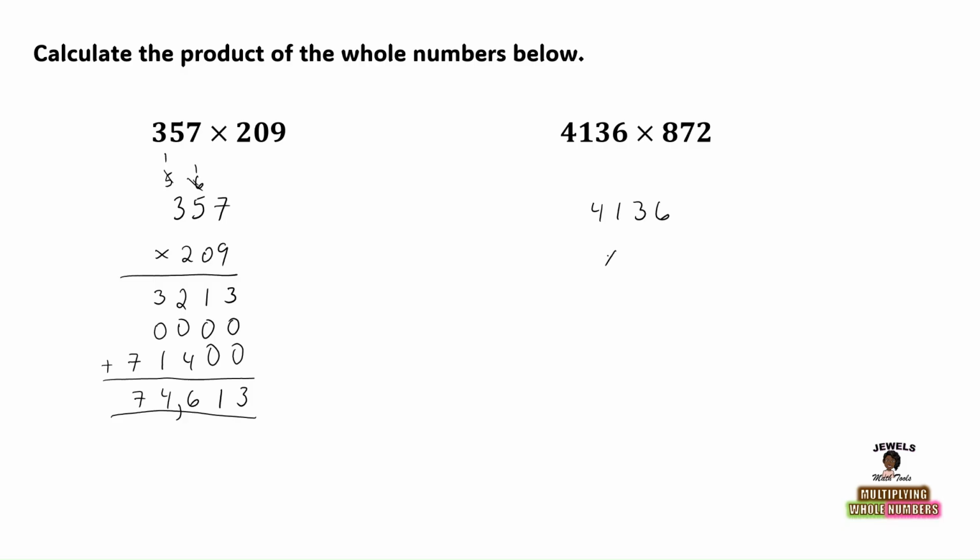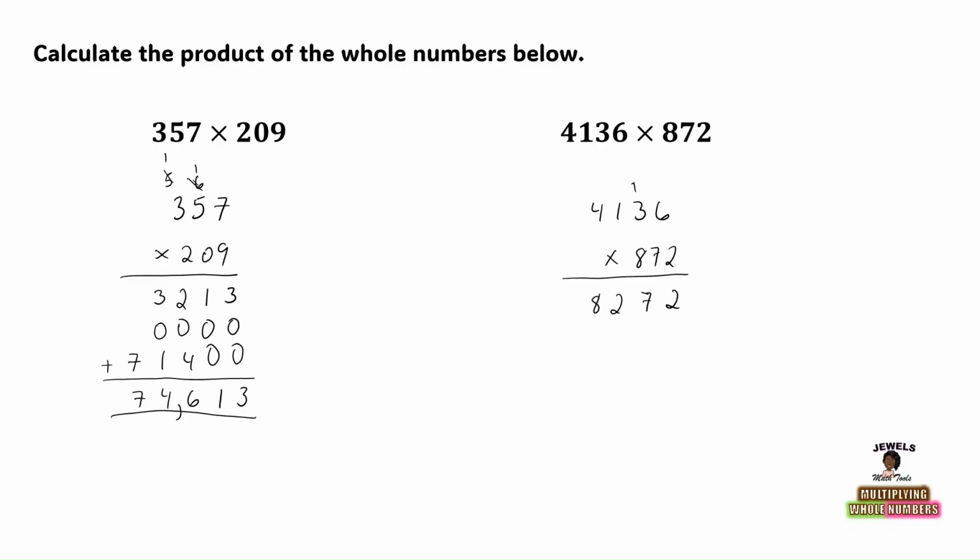So for our last example, we're multiplying 4,136 times 872. We have 2 times 6 is 12. We put our 2, carry the 1. 3 times 2 is 6, and 6 plus 1 is 7. 2 times 1 is 2, and 2 times 4 is 8.